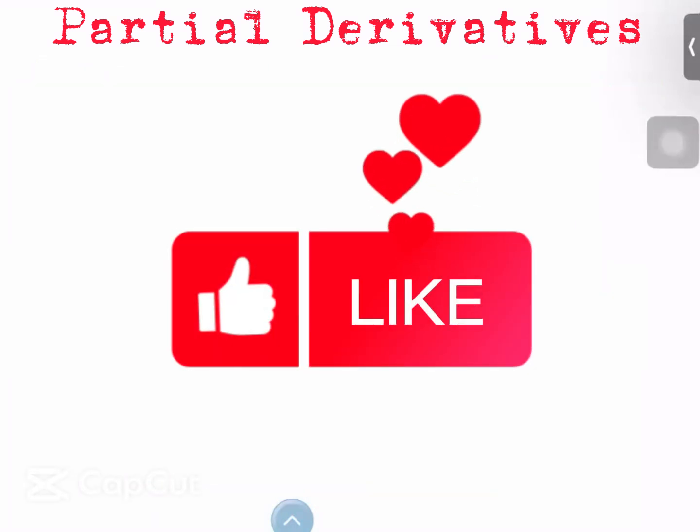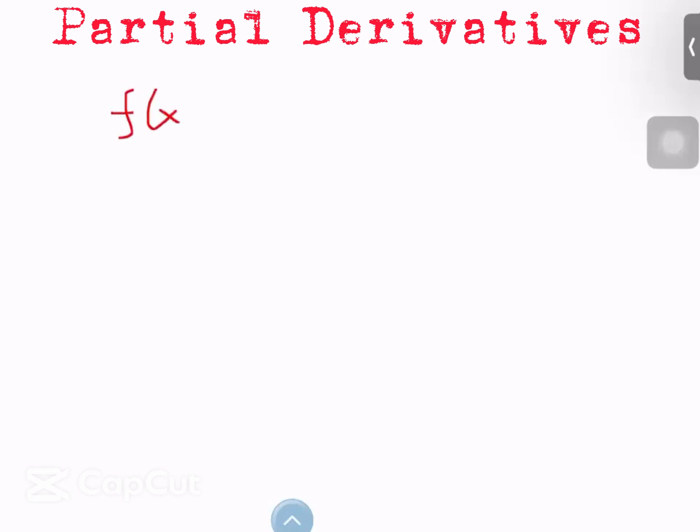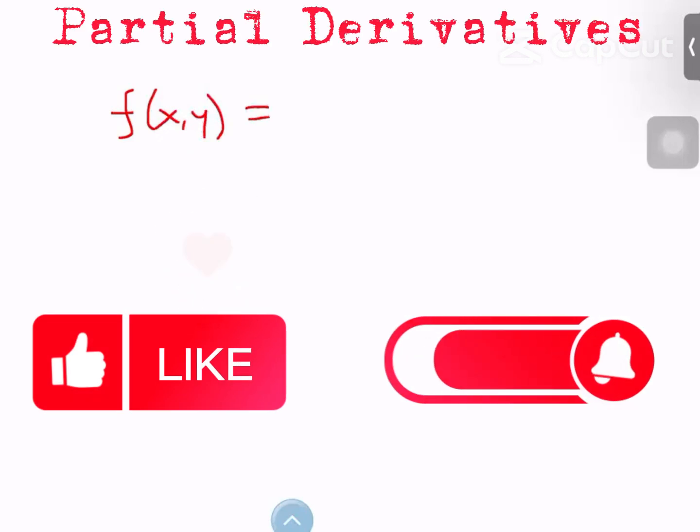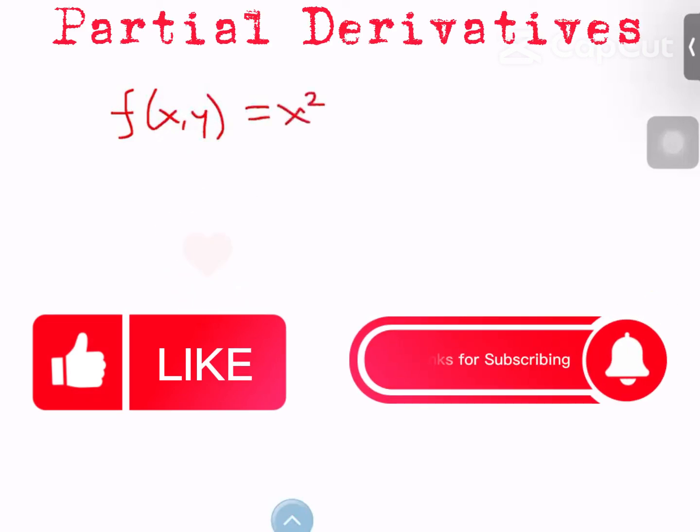The function is just 1, but when we differentiate with respect to x and then again with respect to y, we end up getting different answers. Maybe I can write down the answer. So the function was f of xy is equals to x squared plus 3xy plus y minus 1.